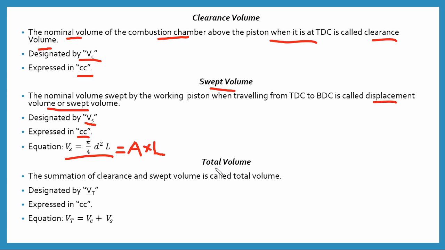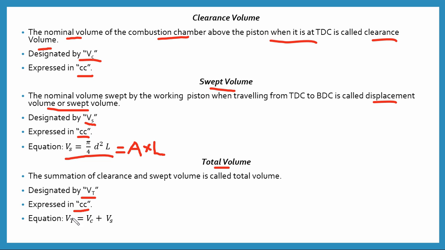Next is the total volume. The total volume is the summation of the clearance volume and the swept volume. When the piston has reached BDC, or bottom dead center, the total volume of the combustion chamber, from above the piston at bottom dead center to the bottom of the cylinder head, that whole volume is called the total volume, which is designated by Vt and expressed in Cc.